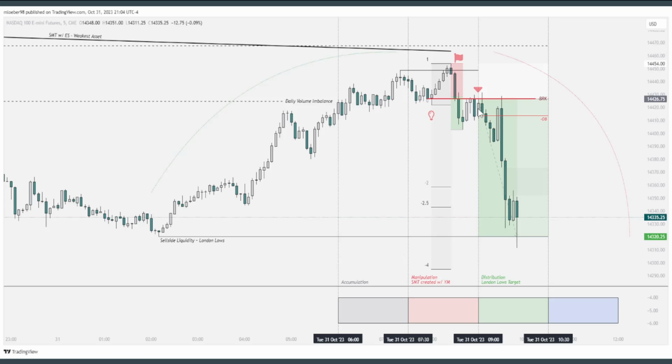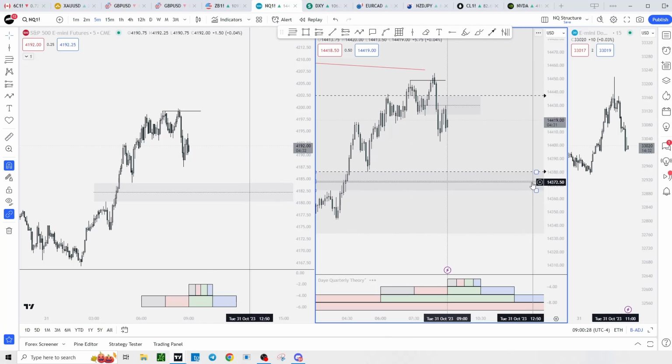And as you could see, this M5 bearish order block, the mean threshold was respected by the candle bodies, and it delivered us right down to the sell side liquidity pool, London lows, all during quarter 3 of the 90-minute quarterly theory cycles. And I have a live stream recording of us in my Discord catching this live and calling it out, watching it step by step.